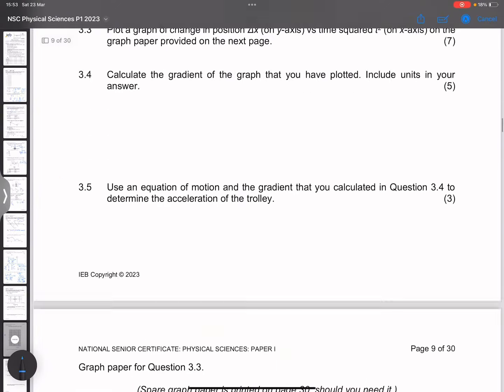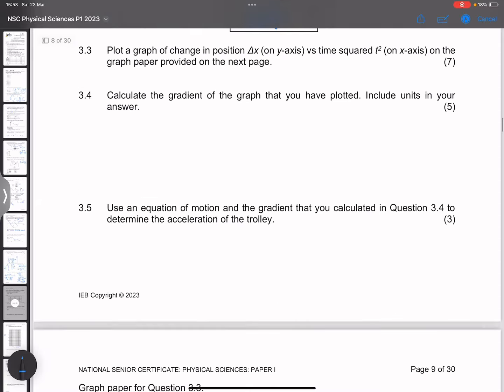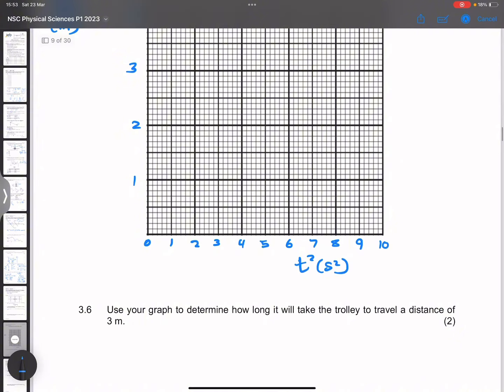So the first 2 values that we've got are 0.3 and 0.2 respectively. My time squared values increase in steps of 0.2. How do I know that? The difference between these, 1, divided by the number of cells that you've got, 5, which is 0.2.